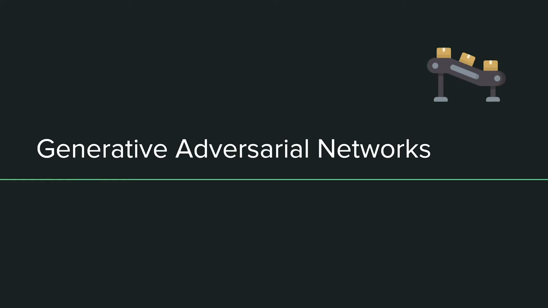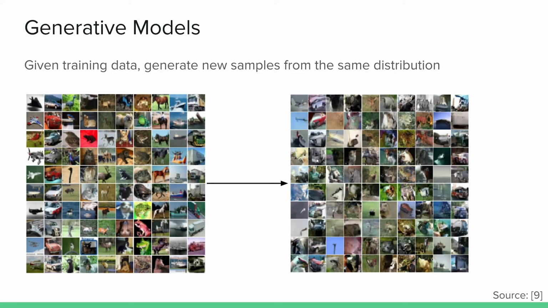We can use that idea of generators and take one step up and do something that is called generative adversarial networks, which is an extension of this idea, and it also feeds into what we've seen last week with reinforcement learning. So, what are generative adversarial networks? Given some training data, we want to generate new samples of the same distribution.